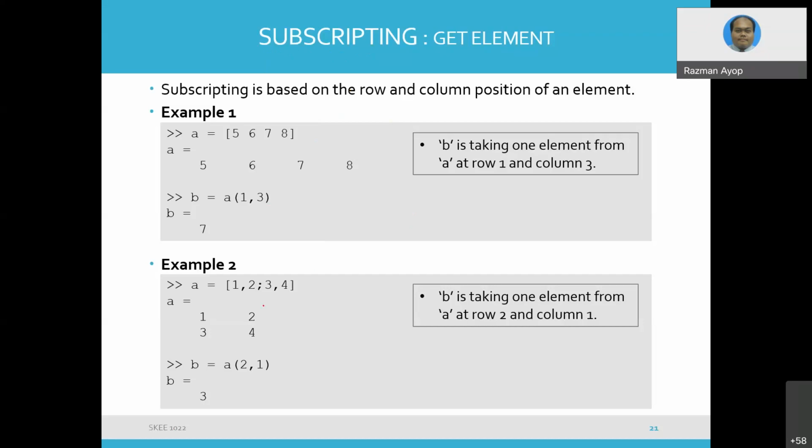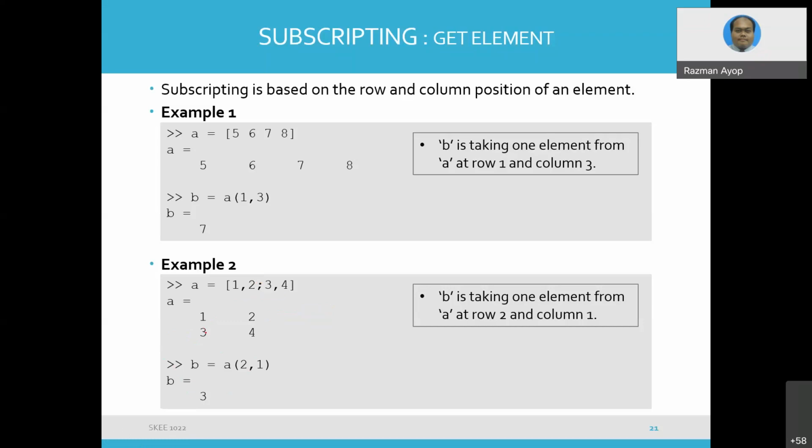So next example, you can see here. This is much more complex. A is equal to 1, 2, and then you have a new line here, semicolon, and 3, 4. So you can see here, this is the result. A is equal to 1, 2, and then new row 3 and 4. So how to call number 3? Let me clear this first.